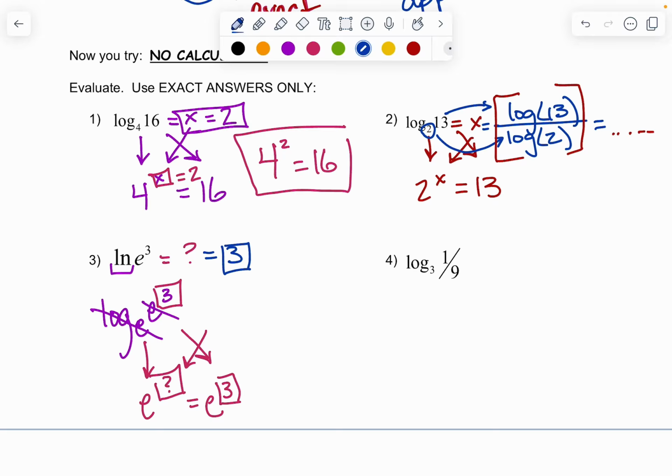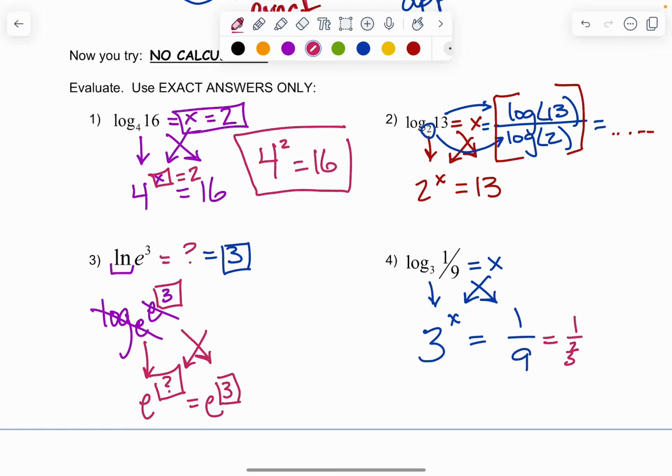And then for my last one, I'm going to drop my 3. Cross my unknown over to my exponent, and that equals 1/9. And again, just to show you these exponent rules, remember this is 1 over 3 squared, which can then be flipped to 3 to the negative 2.